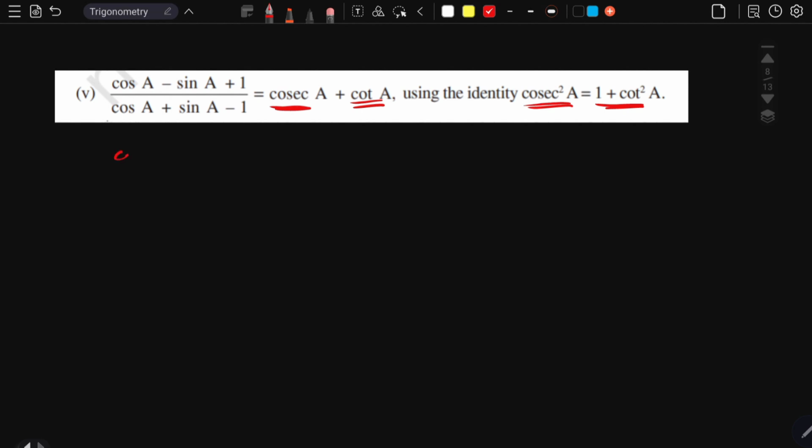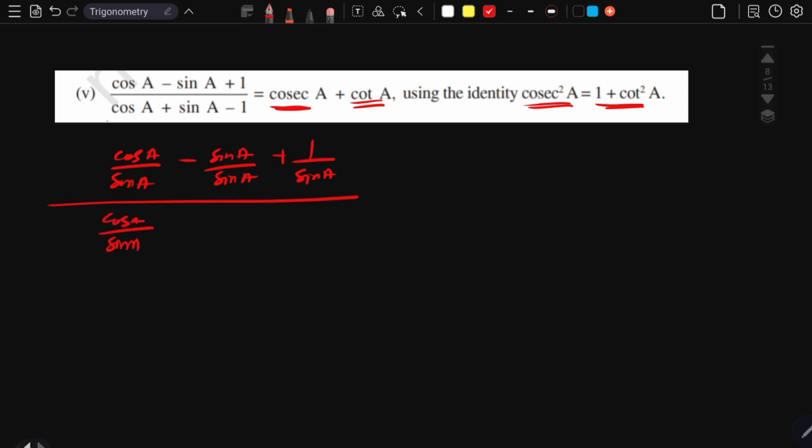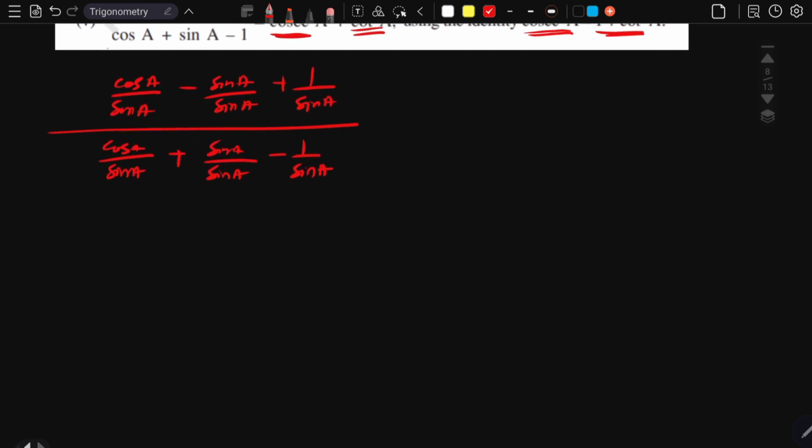So we get cos A divided by sin A minus sin A divided by sin A plus 1 divided by sin A. In the denominator also the same: cos A divided by sin A plus sin A divided by sin A minus 1 by sin A, each and every term divided by sin A. Since numerator and denominator are both divided, it will be balanced, so no problem.